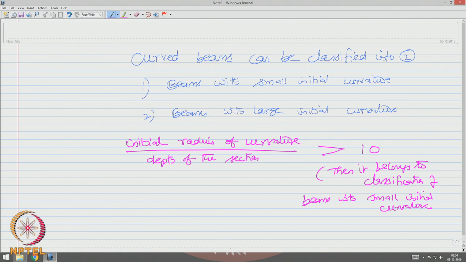If it is the other way, then it can be classified as beams with a large initial curvature.